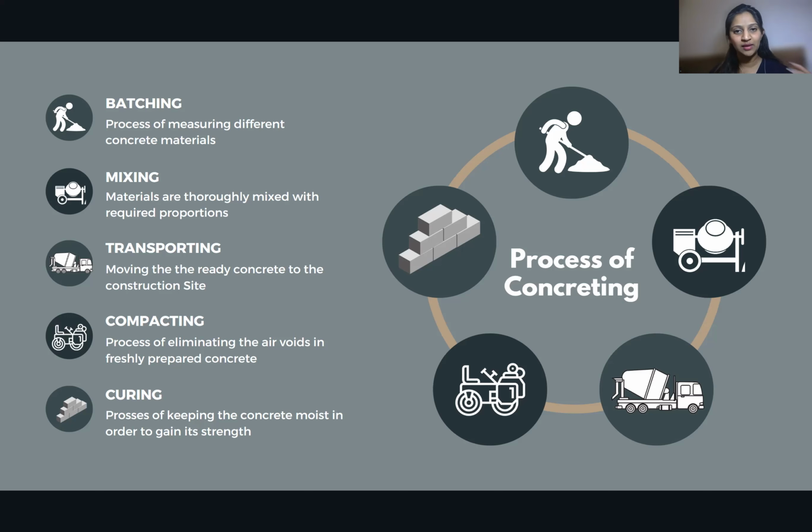So now, when it comes to transportation, after all of these materials have been transported to the site where it is to be executed, they should be placed on the formworks.